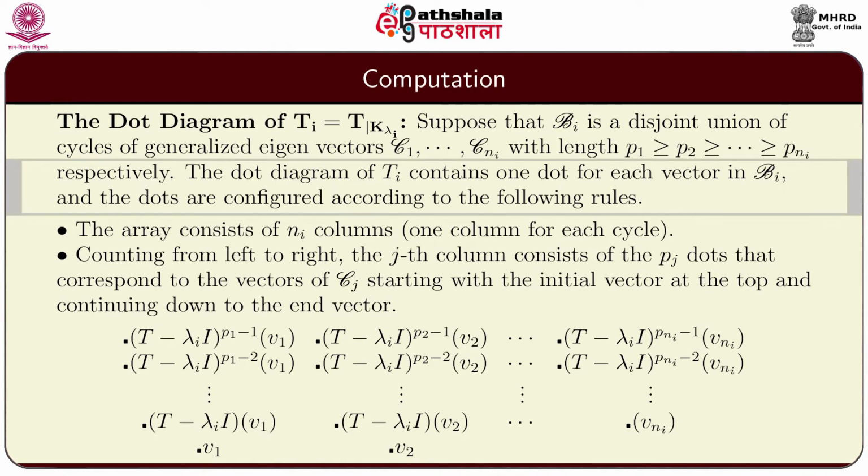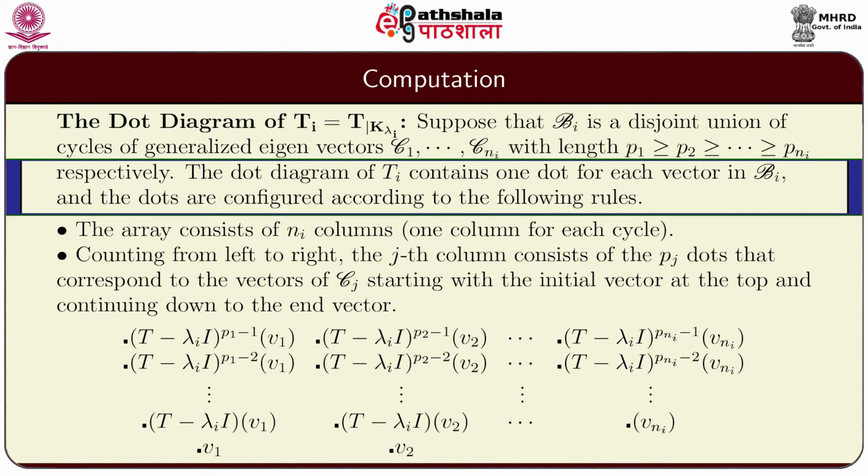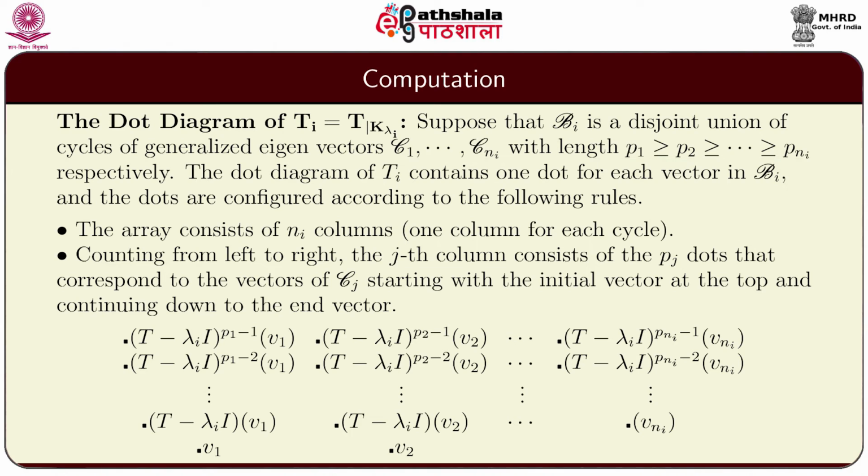The dot diagram of T_i contains one dot for each vector in B_i, and the dots are configured according to the following rules. The first rule is that the array consists of n_i columns, where one column is for one cycle. Counting from left to right, the jth column consists of the p_j dots that correspond to the vectors of C_j, starting with the initial vector at the top and continuing down to the end vector.